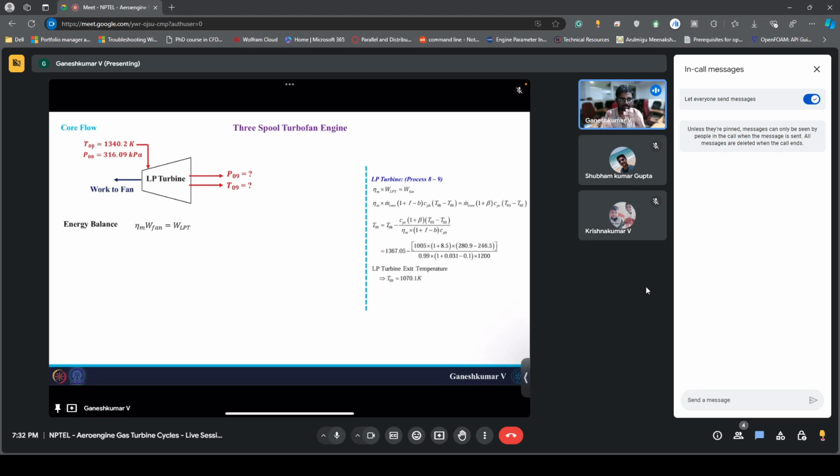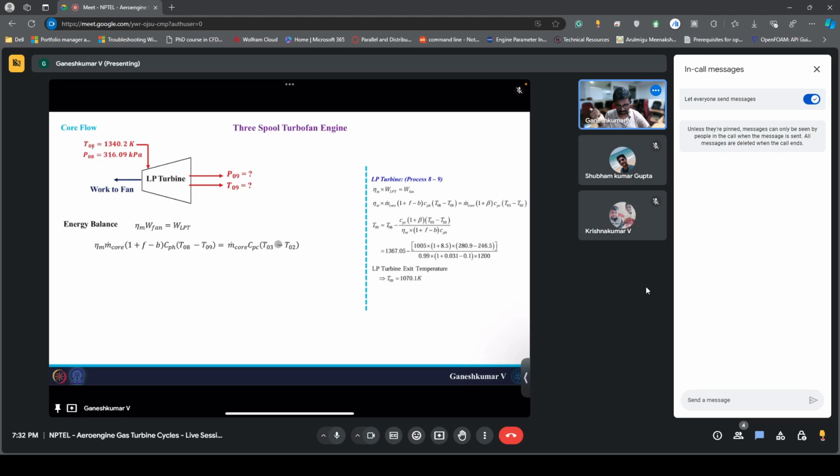So that is going to again tremendously reduce your temperature and pressure, which is what you are going to see. So the work done by the fan is this much with some mechanical efficiency. Here we are taking it to be 99%. There's something to note. And then you have work done by the LP compressor.